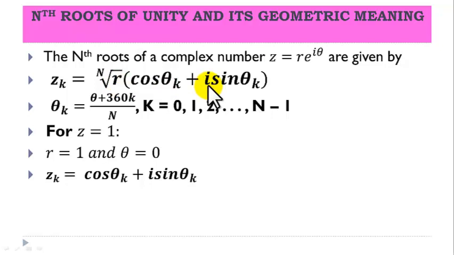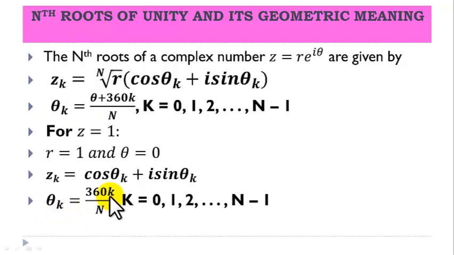Then times this will give us zk equal to cos theta k plus i sin theta k, and our theta k will now become theta k equals 360k all over n for k equals 0, 1, 2 to n minus 1. Please note theta is 0 here, so when you put 0 then plus 360k, that will give us 360k all over n. Let us now take some examples.